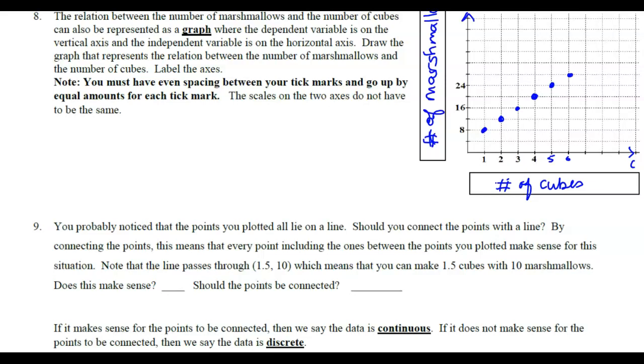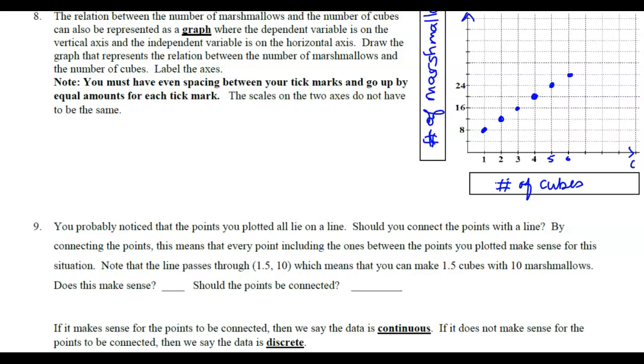But if I draw a straight line, does that make sense for the number of cubes and the number of marshmallows? No, why not? Right. You can't really have half a cube. Then it's not a cube, right?